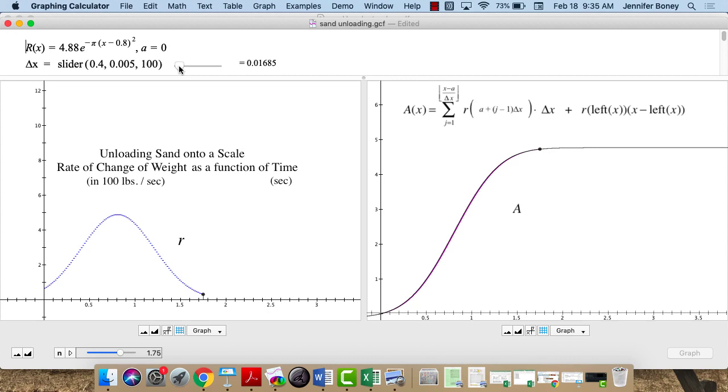I'm going to use the rate value from every single grain of sand laying out on the rate curve. Every single one of those I'm going to use for a little tiny bit of time and add up all of the rate values. That's what I get when I have this nice smooth looking curve here, because it's pieced together one little grain of sand at different angles at a time, if you want to imagine that.